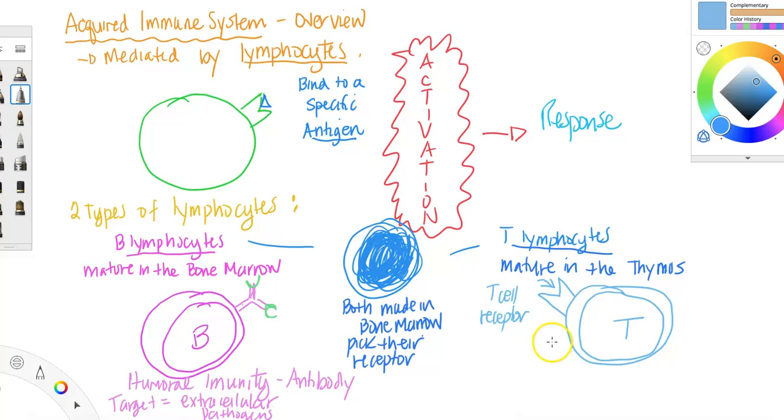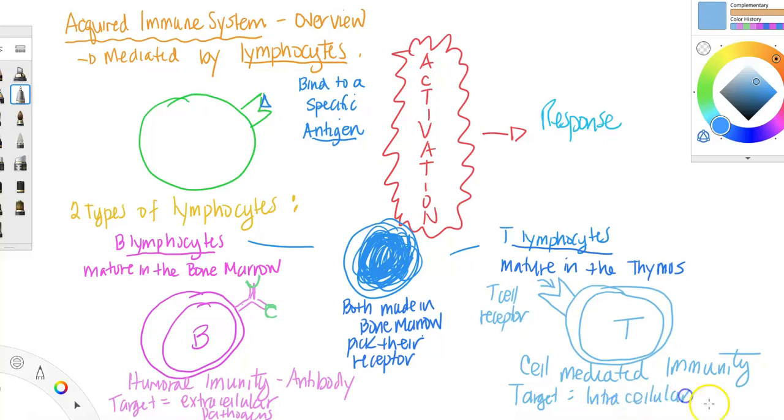T lymphocytes are part of cell-mediated immunity. And their target, you should be able to guess, is intracellular pathogens.